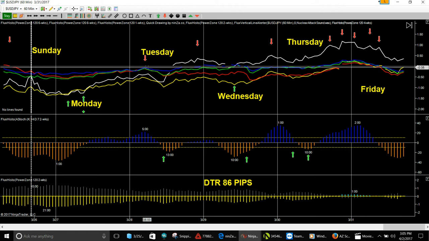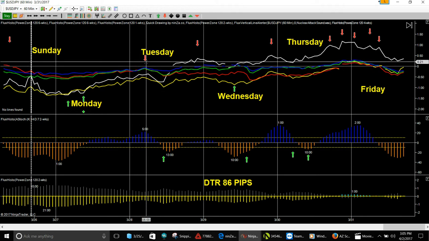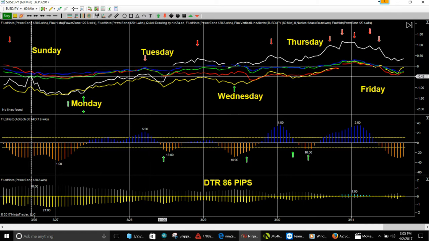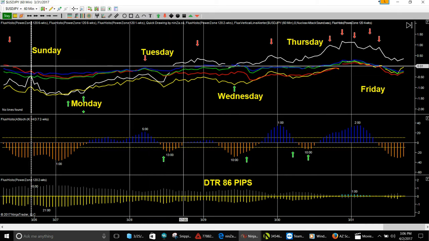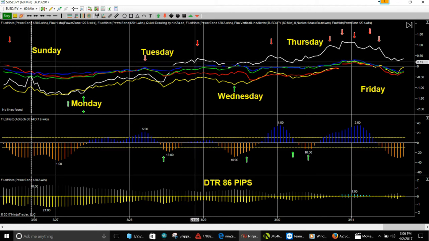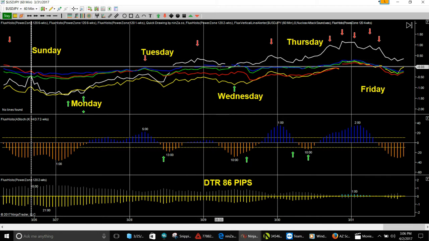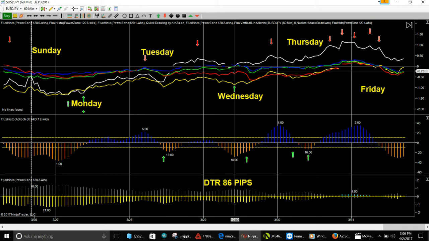US dollar JPY. This one is pretty clear. The trades on this one: 5 a.m. on Tuesday, look for a short until 11 a.m., and then it's going to go right back up and top out here at 2200, and we're going to go right back down on Tuesday into Wednesday, a little bumpy, and look for a buy signal at 10 a.m. on Wednesday.